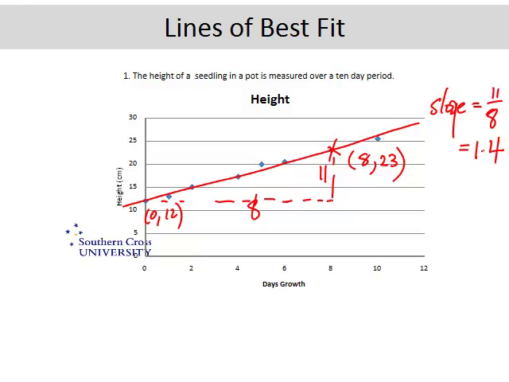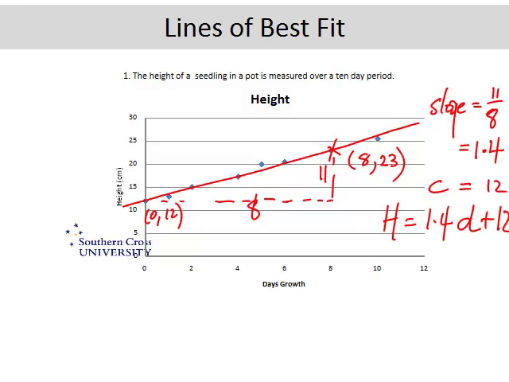I'm going to round that to 1.4. Because the line I chose went through this point on the y-axis, I've got my y-intercept. So my y-intercept c is going to be equal to 12. That makes this equation y equals 1.4d, for days, plus 12.